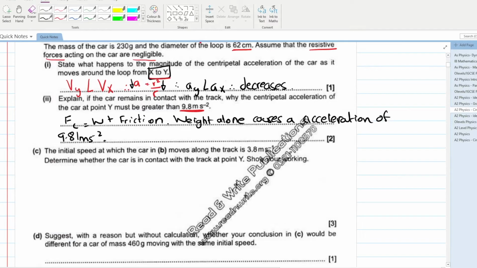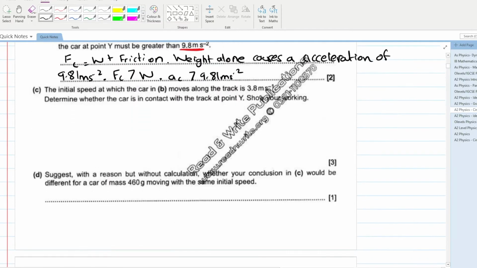Then we can write that since the centripetal force is greater than the weight, because friction is also added to the weight, hence the acceleration at point y will be greater than 9.81 ms-2. It's a simple thing: weight causes an acceleration of 9.81 ms-2, and if you add another force to it, the resultant force will increase. The resultant force increases, the acceleration increases, simple as that.